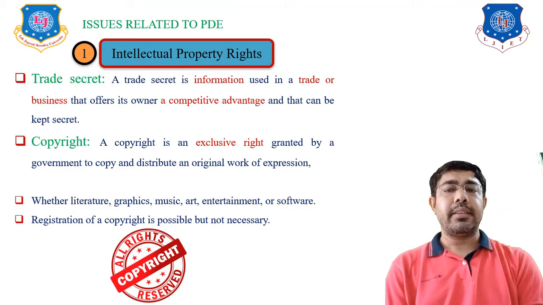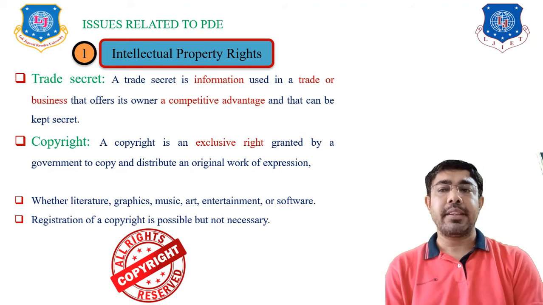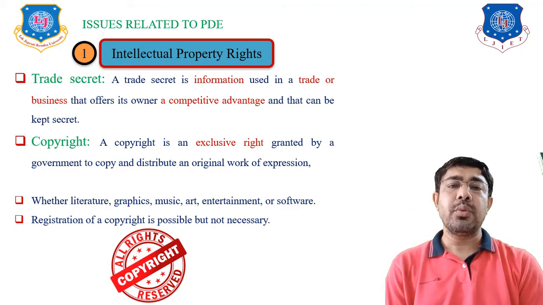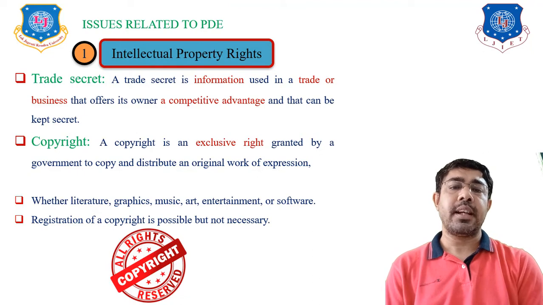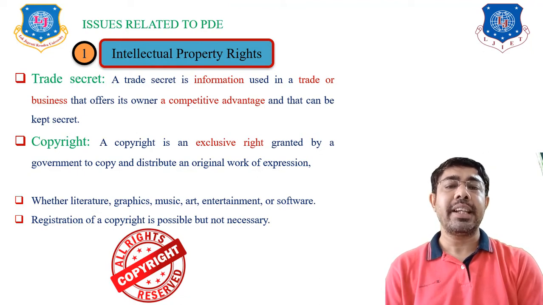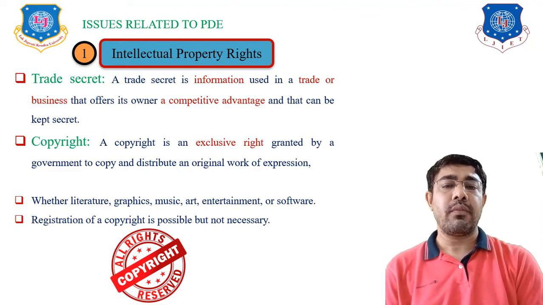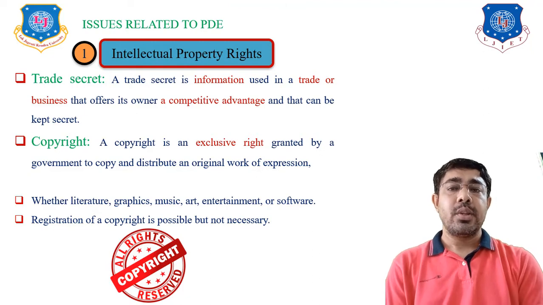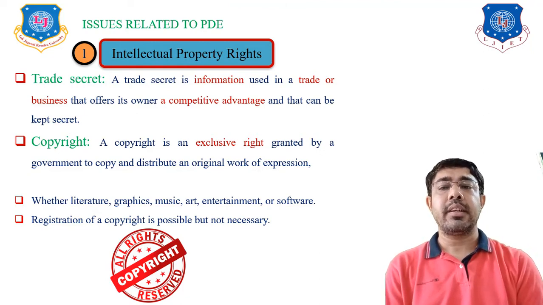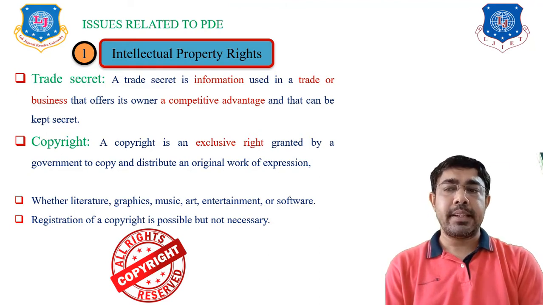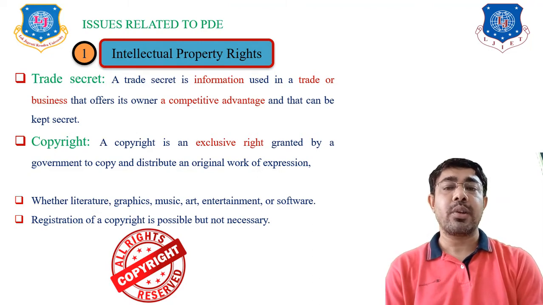Whenever you use a product or any content which is under copyright, you have to mention the original source of that content, which shows the original work of expression. An original work of expression can be literature, graphics, music, art, entertainment, or software. Anything can be under copyright.